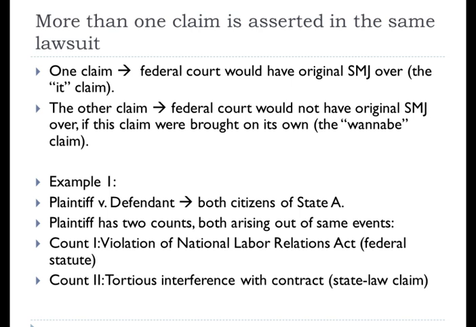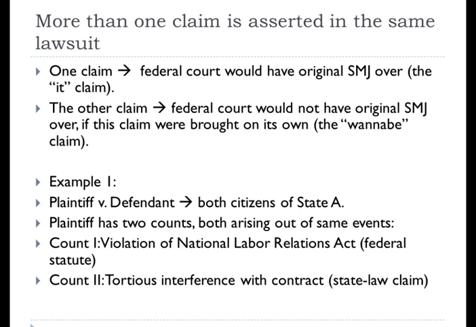So, simple example based on United Mine Workers versus Gibbs. We have a plaintiff versus a defendant. Both of them are citizens of state A, so we do not have diversity. The plaintiff has two counts, two claims against the defendant. They both arise out of the same events. Count one is violation of the National Labor Relations Act, which is, of course, a federal statute.